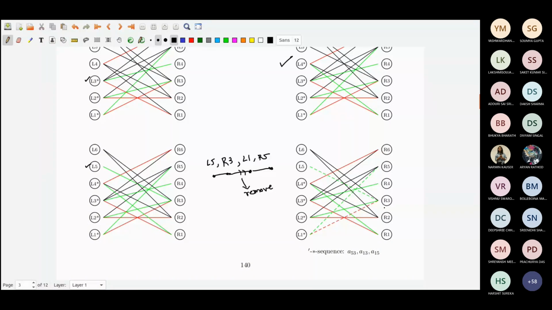So what is my augmenting path? Now my augmenting path is L5, R3, L1 star, and R5. That is my augmenting path. And my prime star sequence was A53. This is for A53.